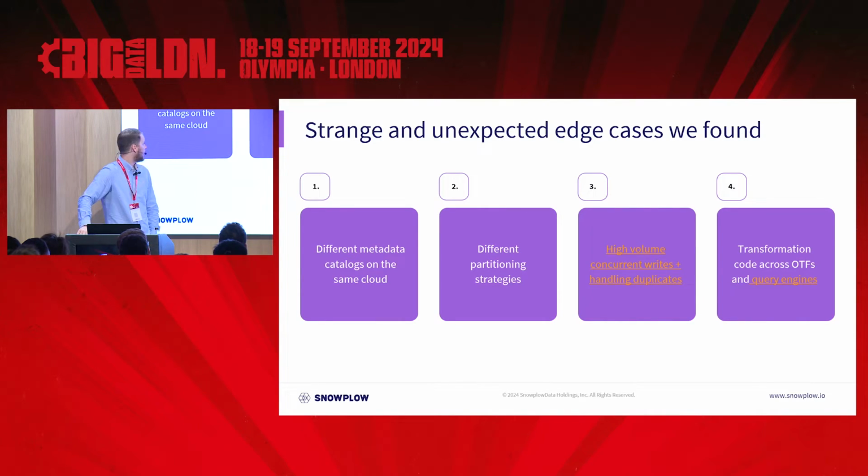So first of all, different metadata catalogs on the same cloud operate differently. If you are loading to S3 on AWS in Iceberg format, you have to have different considerations if you're using Unity Catalog versus AWS Glue versus the Hive Metastore. They have different authorization methods. Some use REST, some use JDBC. They can store their metadata in different formats.